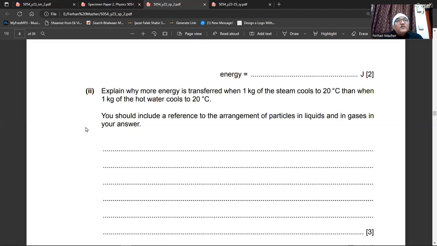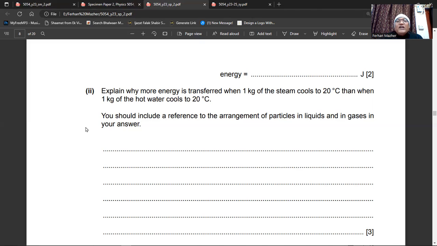stronger intermolecular forces. Strong intermolecular bonds are formed, so the potential energy decreases.